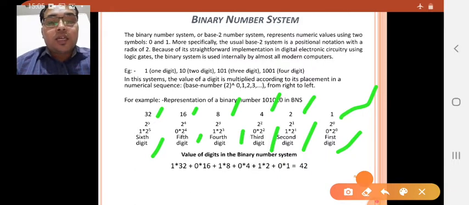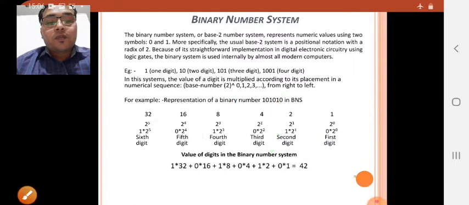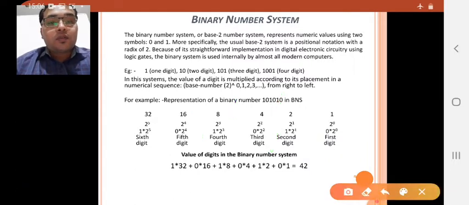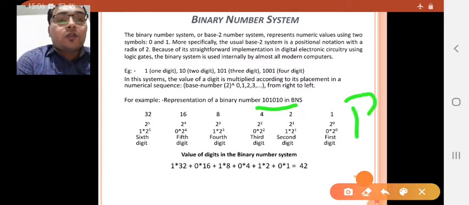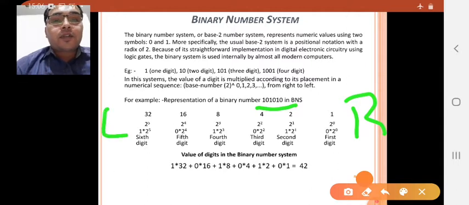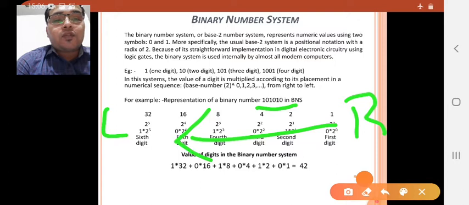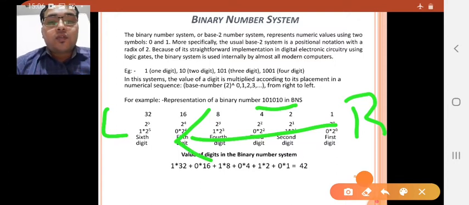And why are these 6? Because this is of 6 digits, and as I told you, the counting starts from 0, and it is also from right to left. This side we have to move, right to left.